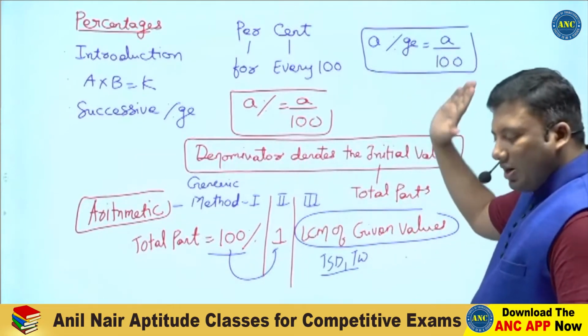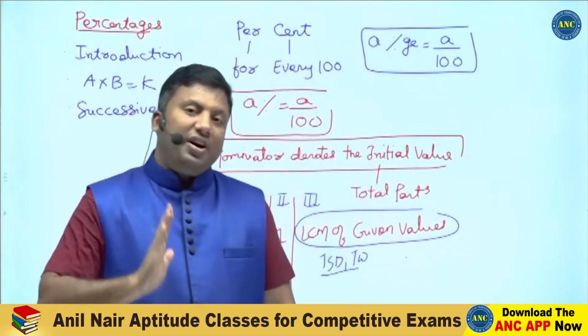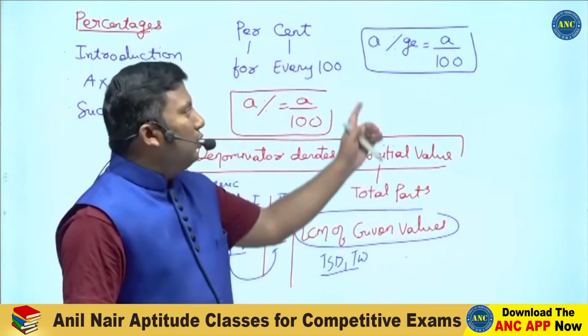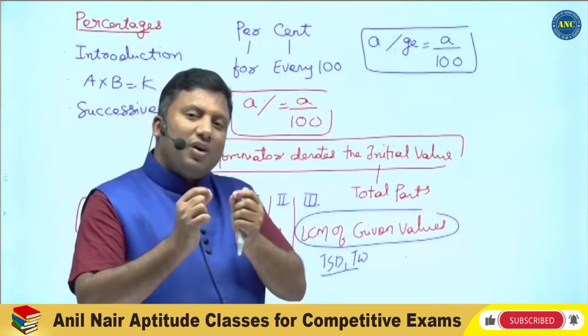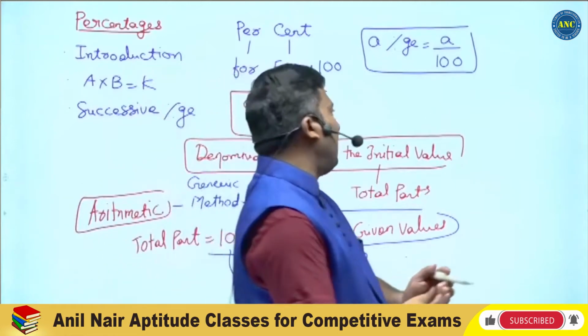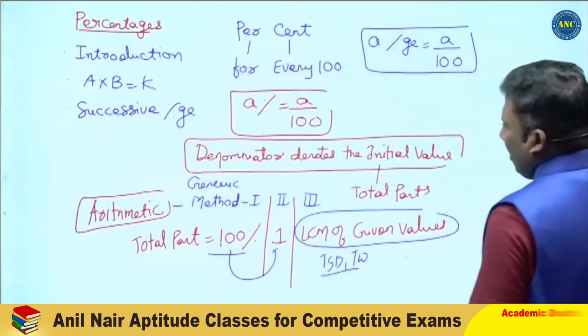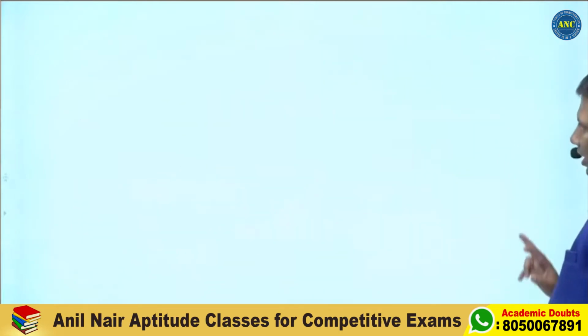A percentage is equivalent to A by 100. In my previous class, I told you the difference between percentage and fraction: in value both are the same, but by definition there is a slight difference, which I mentioned in the previous class.